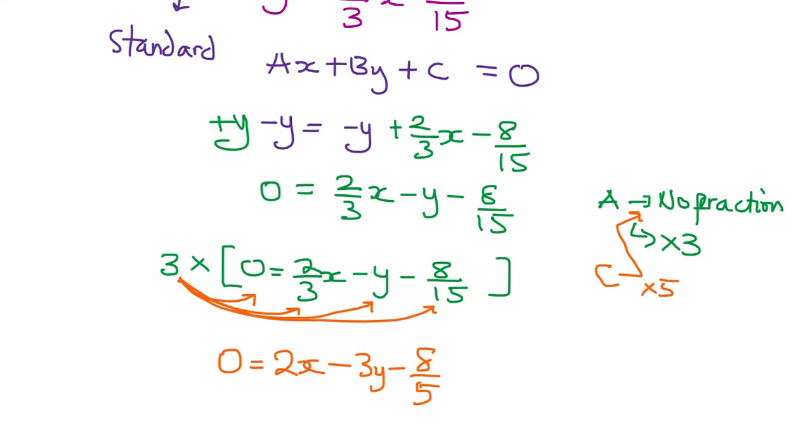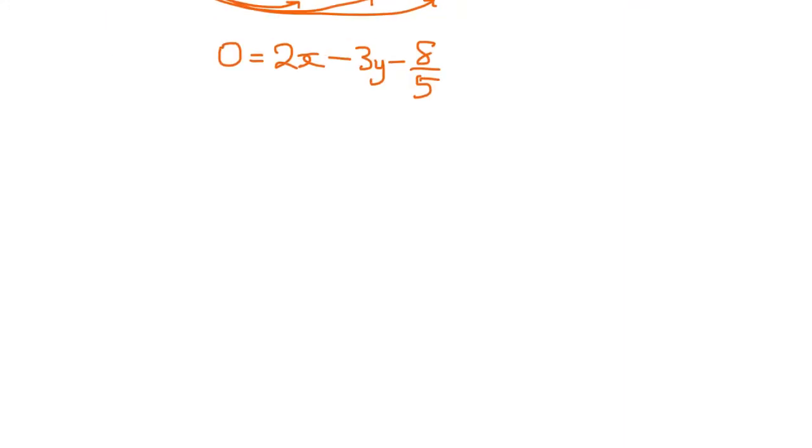So the same thing you're going to do there is multiply all of this by 5, and we do the same thing we did in the previous step.